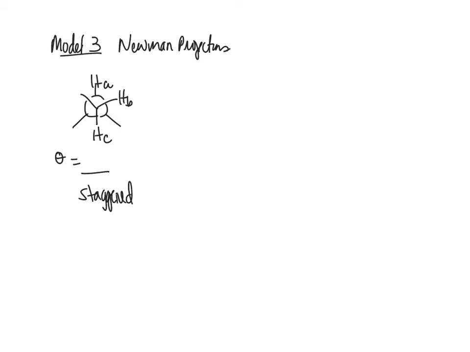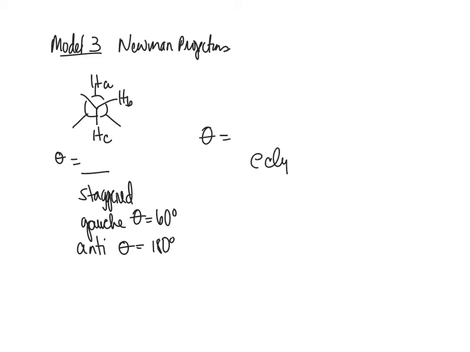So the first one's a staggered. And in the staggered you have gauche, which has a dihedral angle of 60 degrees. And you have anti, which is a dihedral angle of 180 degrees. The next one is eclipsed.